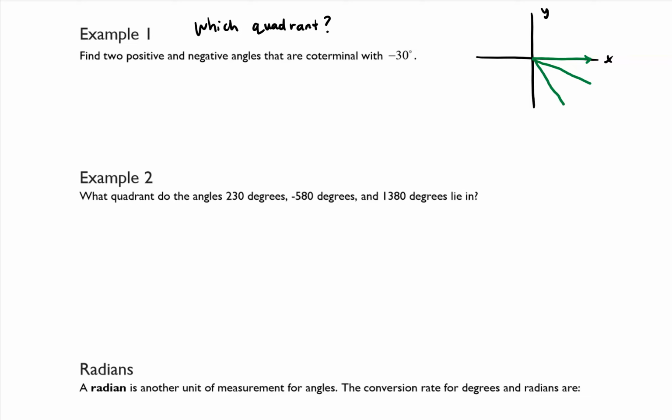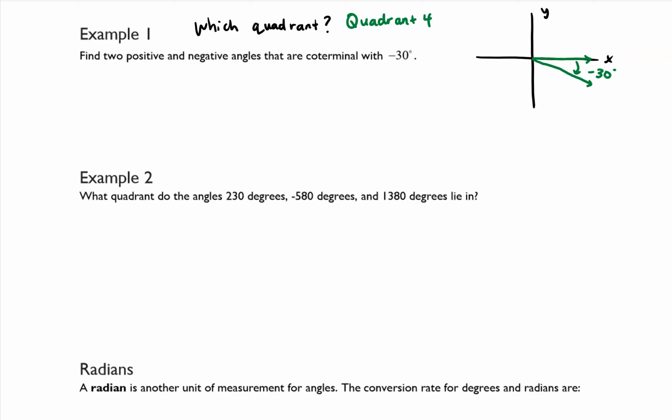So I've broken this up into thirds to the best of my abilities, so I'm going to go ahead and erase this part, and the negative 30 degrees would be right here. And so if you said that negative 30 degrees is in quadrant 4, you were correct. If you did not say quadrant 4, take a minute to reflect on why you got that incorrect.